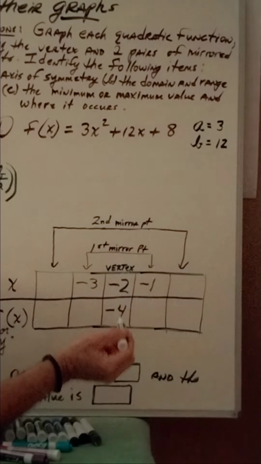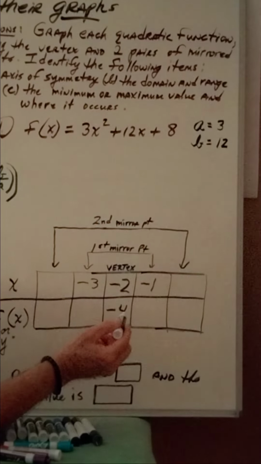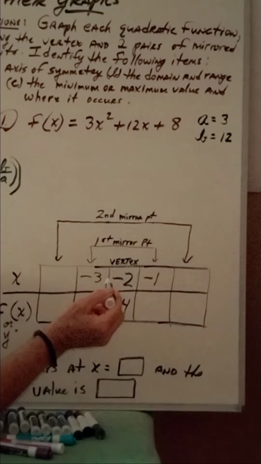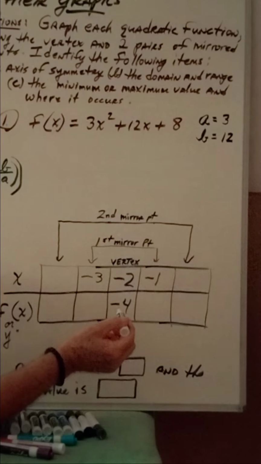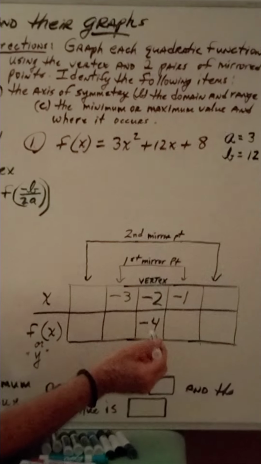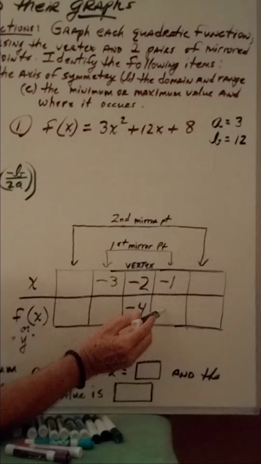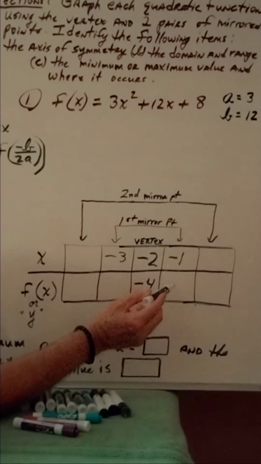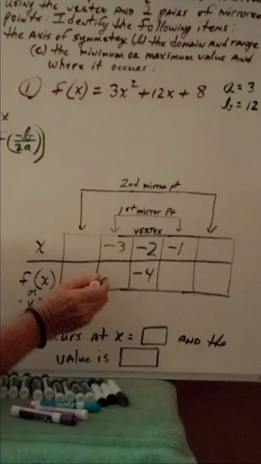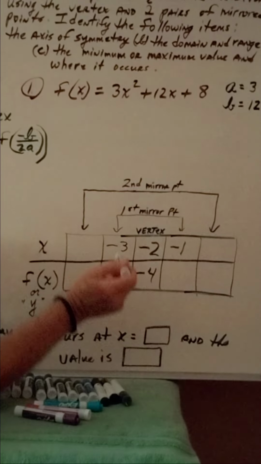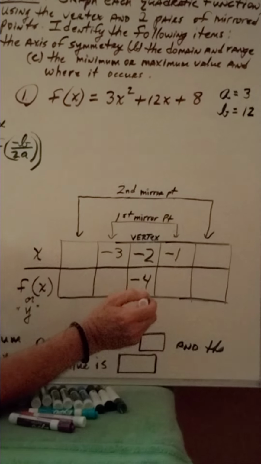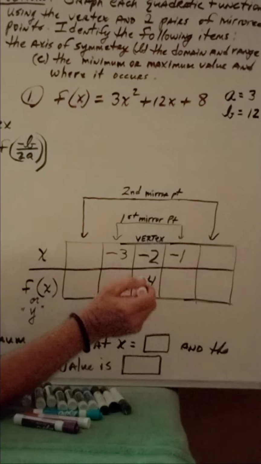And one thing that we did mention in the first video: for any pair of mirrored points, the y values will always be the same number. So whatever number we find associated with that -1, this will be the same identical value. These two squares will accommodate the same real number.